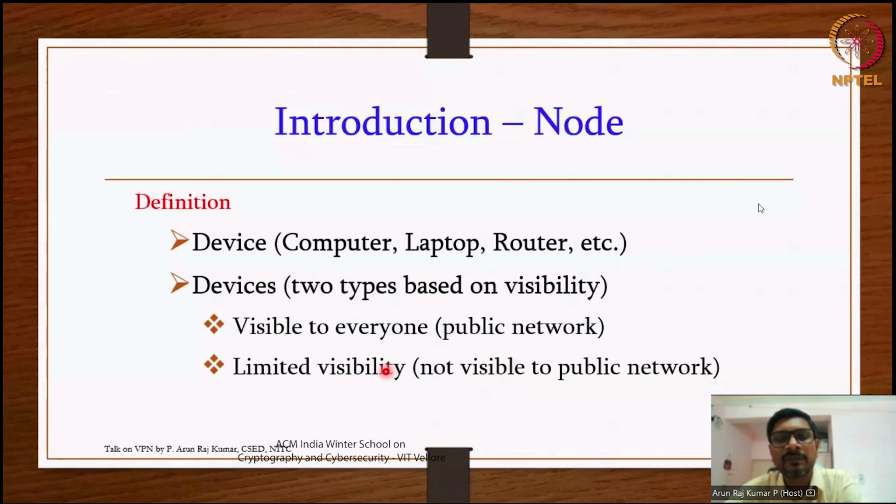So there is limited visibility for some devices and complete visibility for others. That's what we call the public network, and this is the private network. Visible to everyone is public, and limited visibility is private.